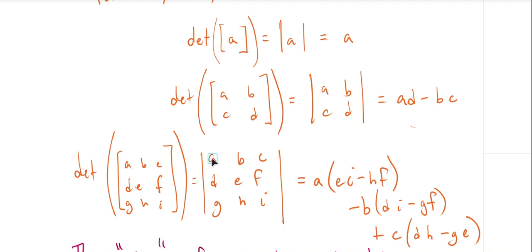We have A times the determinant of this little submatrix EFHI, then minus B times the determinant of this submatrix DI minus GF, and then plus C times the determinant of this submatrix DEGH. So we will look at how that pattern generalizes, but this is one way that you can quickly calculate the determinant of a 3 by 3 matrix.